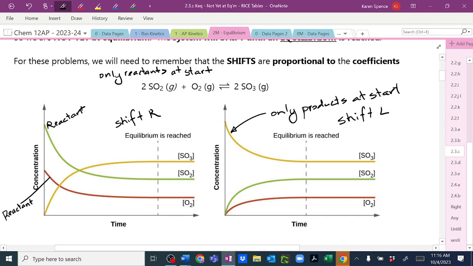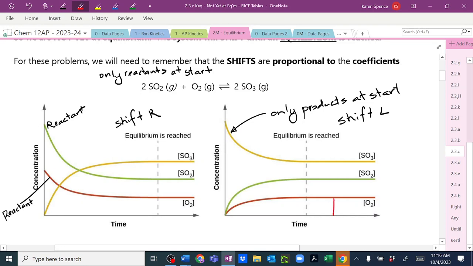And what do we know about the amount of shift, the amount of change in concentration? Change in concentration is like Y in this case.